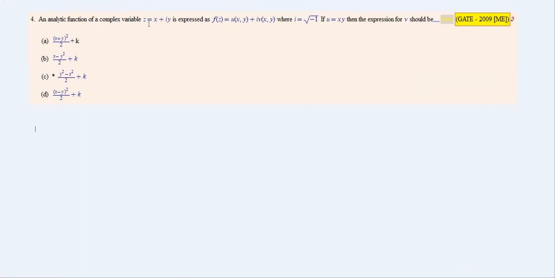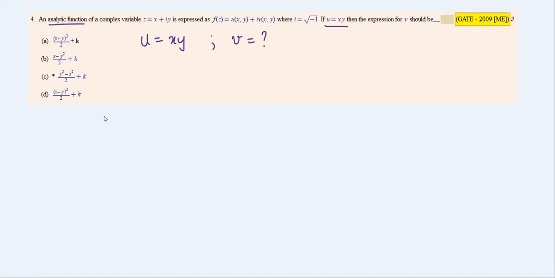Now, analytical function of a complex variable z is f of z equal to u plus iv. If u is given to be xy, what should be v? And it's an analytic function.